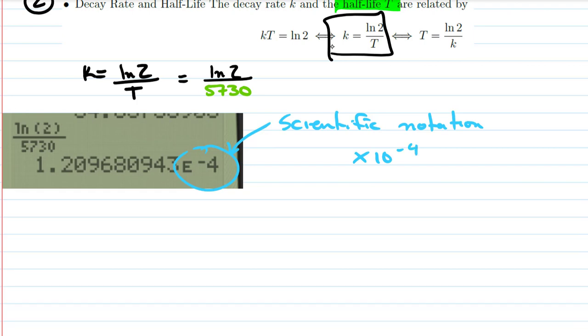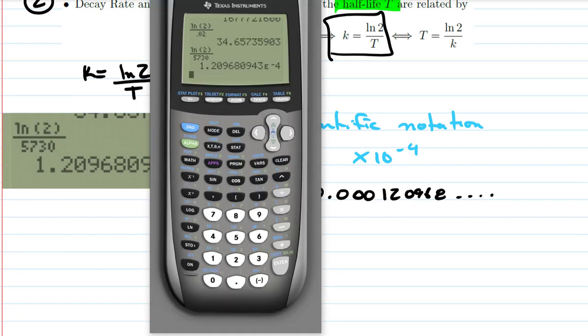So this number would really be 0.000120968 on forever. So just be aware that that tells us we needed to move our decimal to the left 4 spaces, right? Okay. So regardless, we don't want to write it down at all. We're going to press our store key and save that in our calculator as alpha k.